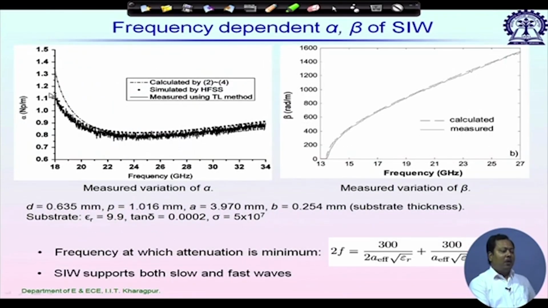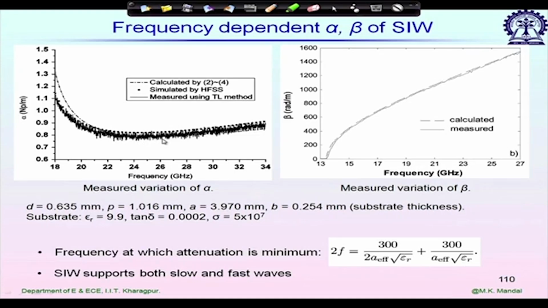Here is the plot of alpha and beta, measured alpha and beta, and also predicted alpha and beta by using a full wave simulator. It is drawn for an SIW designed in a substrate of dielectric constant 9.9 and tan delta 0.0002, and we are using copper as the metal, and the dimensions you can see here.